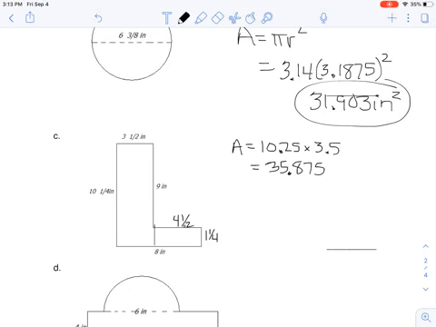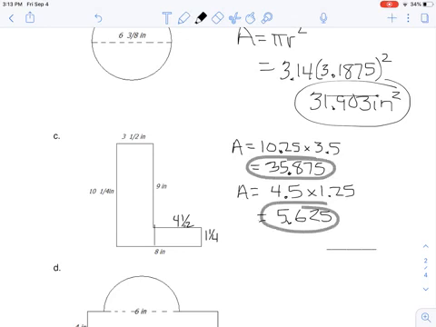And then I can plug that into the formula to get the area for that little section. I would then add these two pieces together.